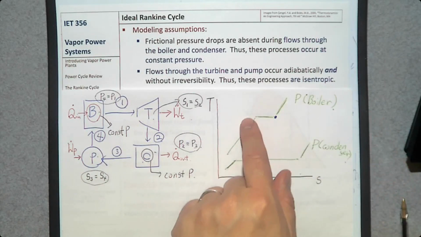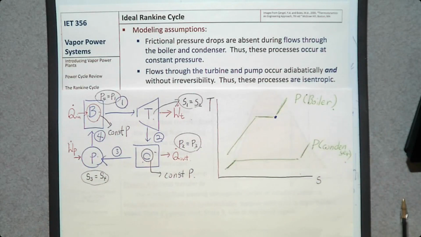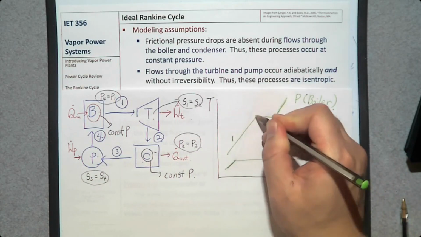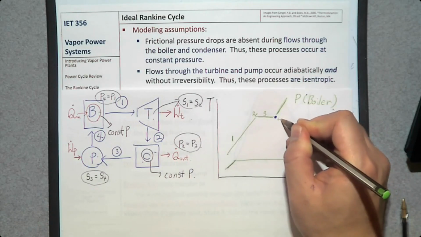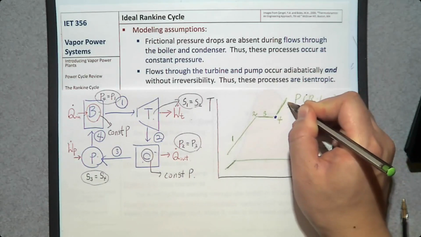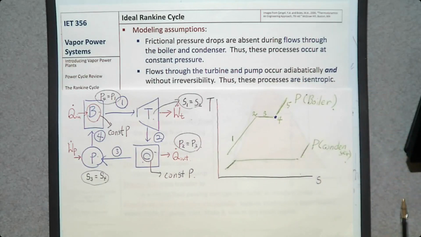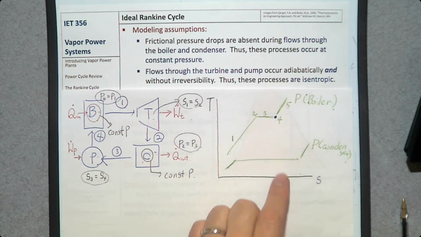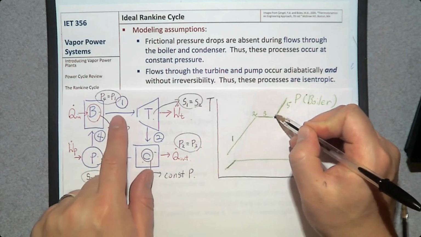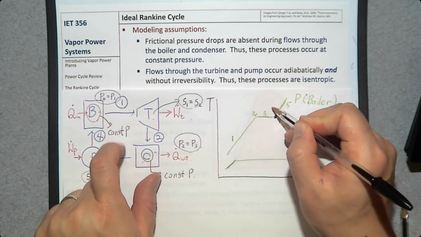So on this TS diagram, we have compressed liquid, saturated mixture, saturated vapor, superheated vapor. Since the steam exits the boiler right after it changed the phase, it's going to be saturated vapor. That is state number 1.